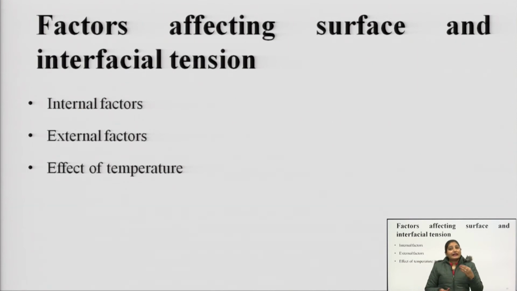And if we add certain surfactants, for example Tweens and Spans, these surfactants will reduce the interfacial tension between two phases and they will help in solubilization or miscibility. So, there are certain external factors like electrolytes and surfactants that will affect the surface and interfacial tension.